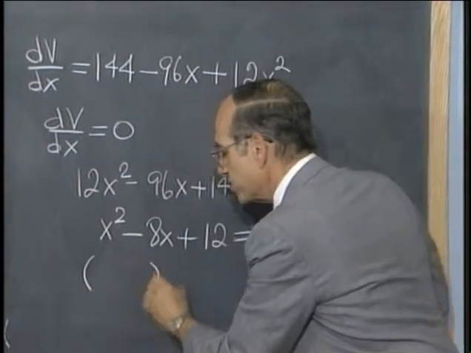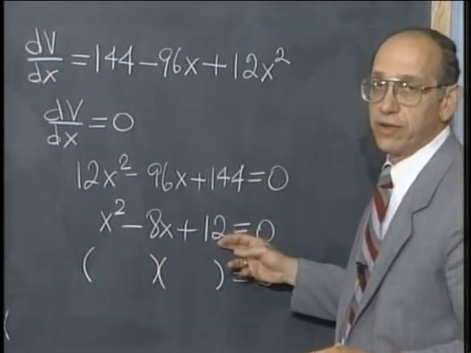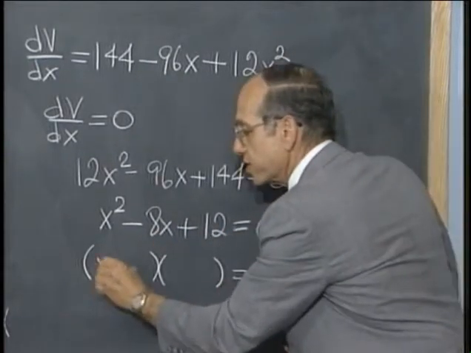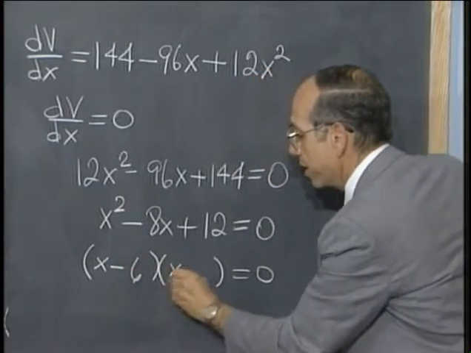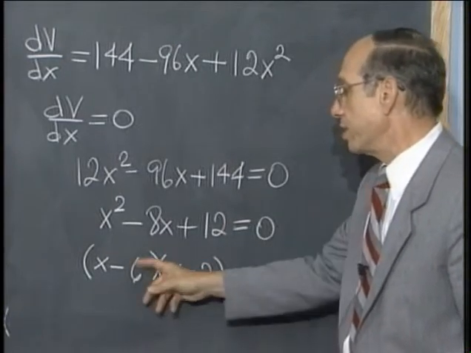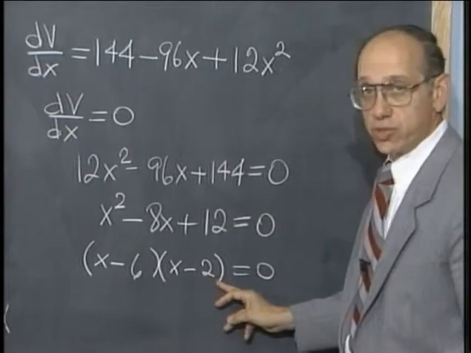Can you see what the factors are? We need two numbers whose product is 12 and whose sum is minus 8. And the easiest thing I can think of is x minus 6 times x minus 2. And you can check that. That's x squared, minus 6x minus 2x is minus 8x, plus 12.